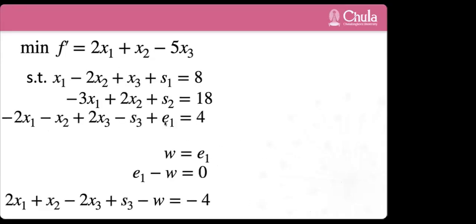And W in this case is E1, right? We have only one variable contributing to W. So E1 minus W is 0. So this one, subtract by this constraint, you obtain this one. The last line.